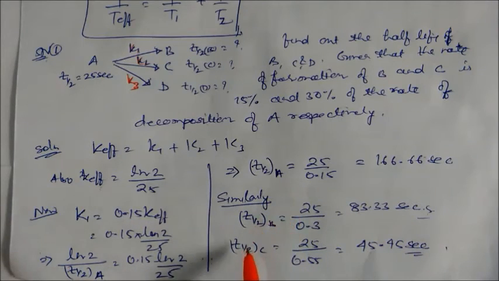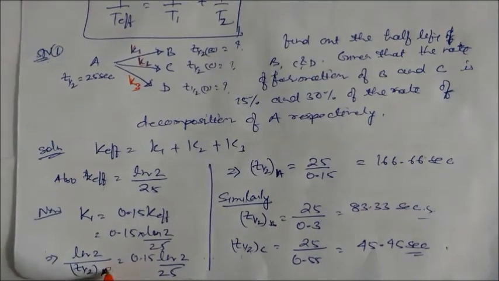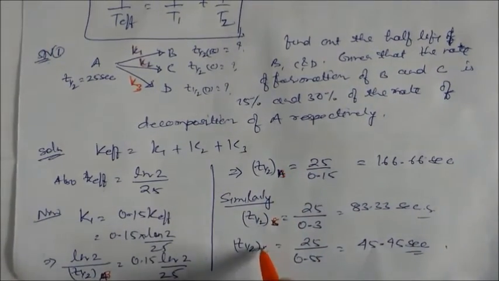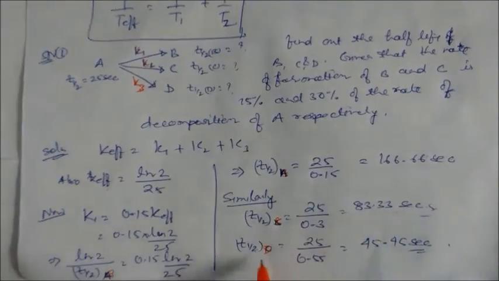Similarly, you can find the half life of C also. This will be for B, this will be for C, and this will be for D. So C will be this much and D will be 0.55.